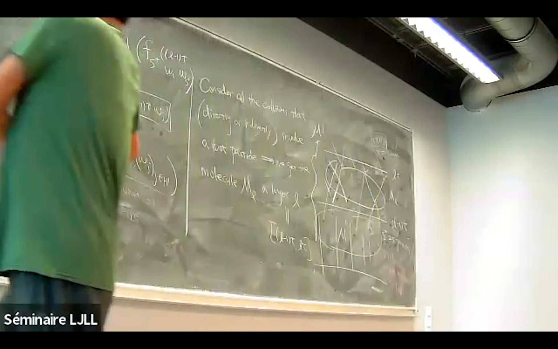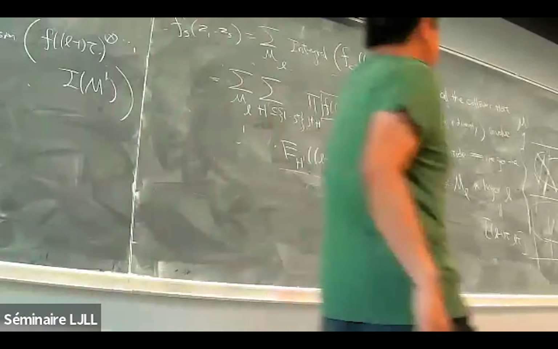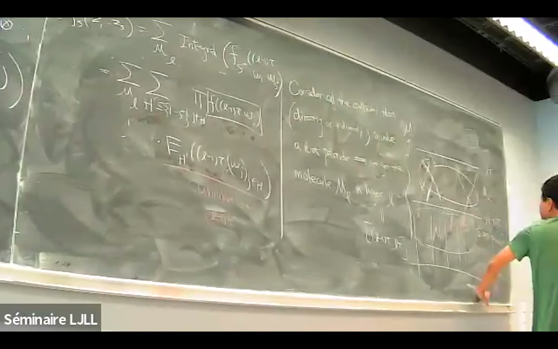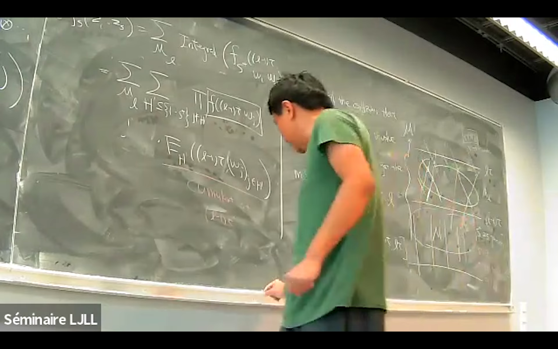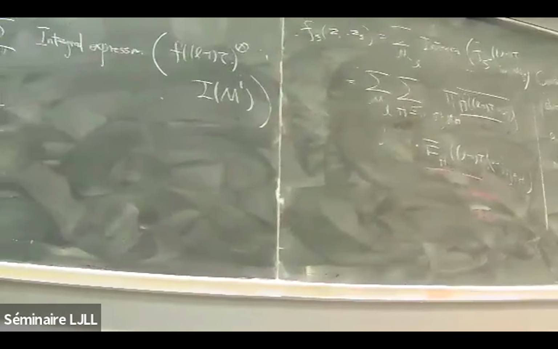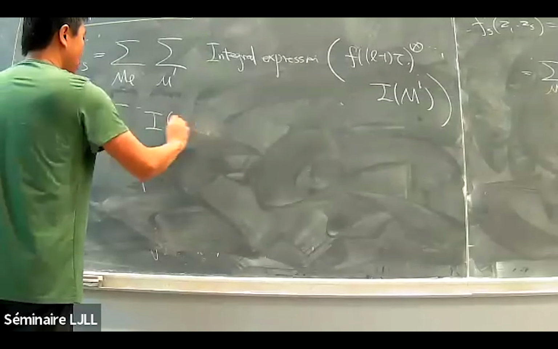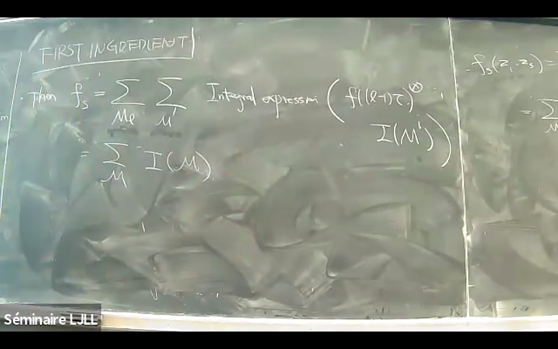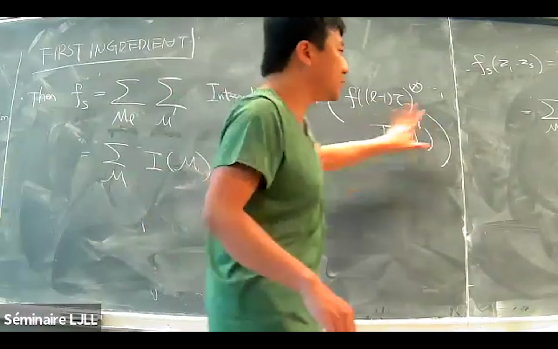Okay? And the cumulant will get you this I of M prime, where M prime is a molecule between L minus 1 tau and 0, and ML is a molecule between L minus 1 tau and L tau, and put together, you get a molecule overall, which is just M. And then, of course, this integral expression of M, let me write as I. Of course this I of M involves subsequent integrals.